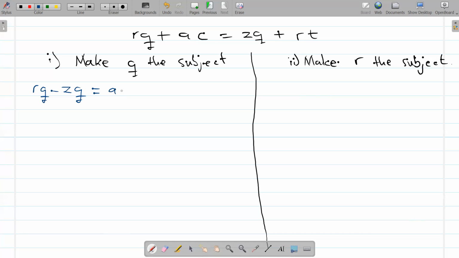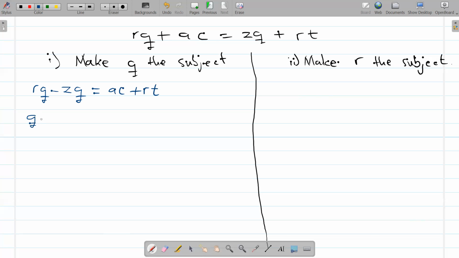AC plus RT. Okay, let's continue. That's where I explained already, because the AC is positive already and the RT is positive. So now, I took the Q, now I grouped them.